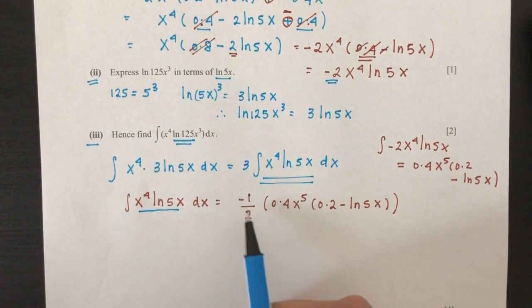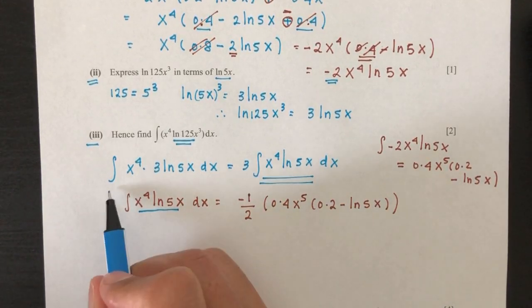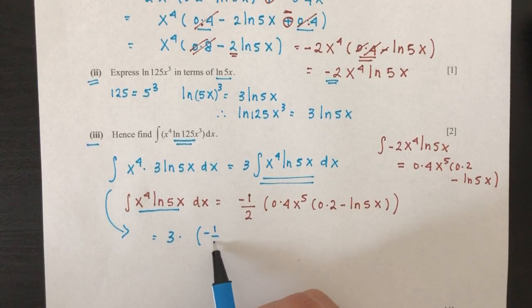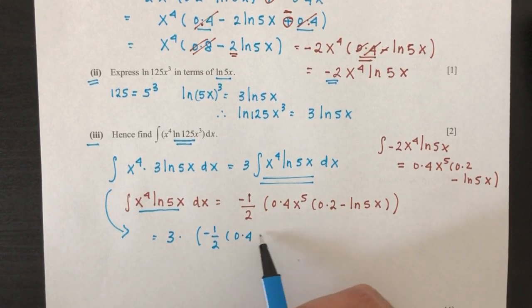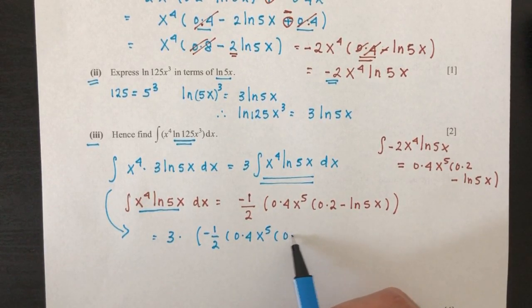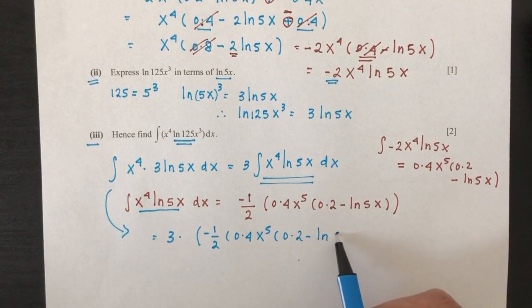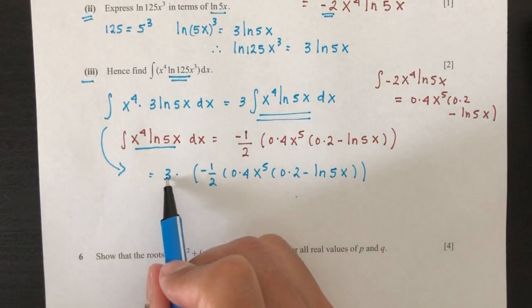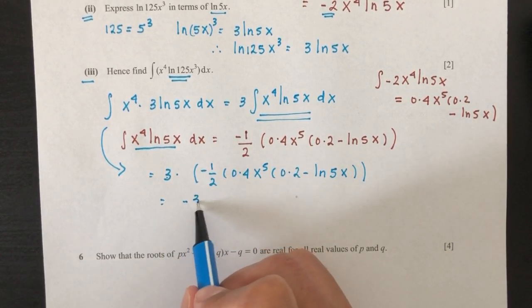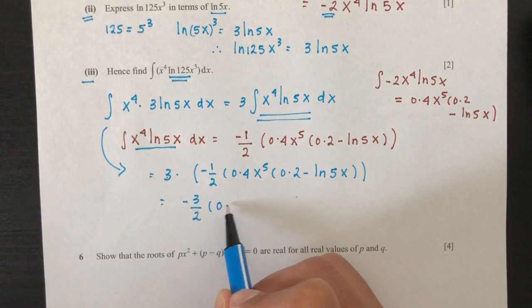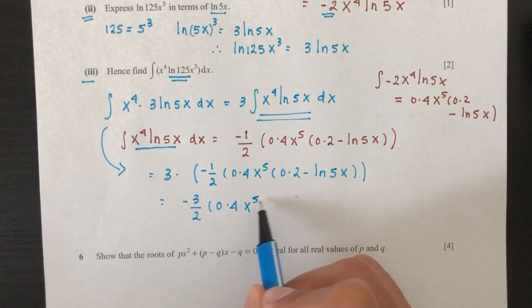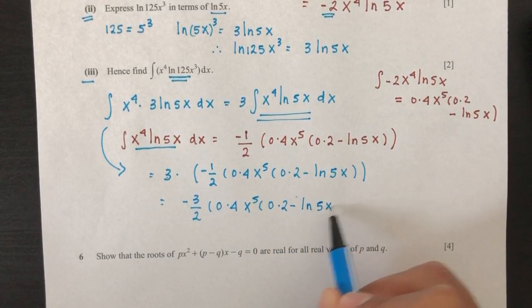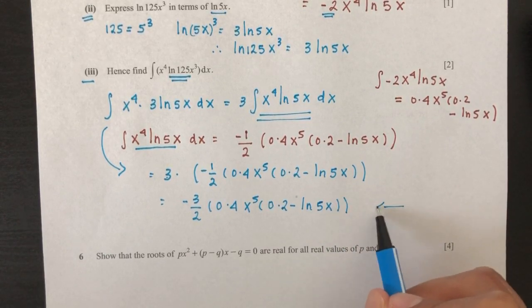This is this, replace this back in here, you will have 3 times this, 0.4 x power 5, 0.2 minus ln 5x. Now simplify, bring the 3 here, you will have minus 3 over 2 times 0.4 x power 5, 0.2 minus ln 5x. And that is your answer for this question.